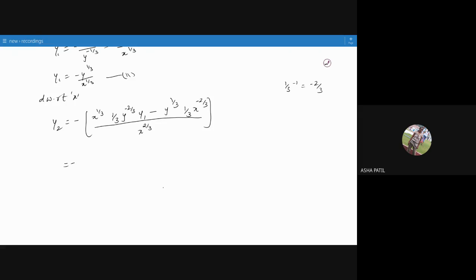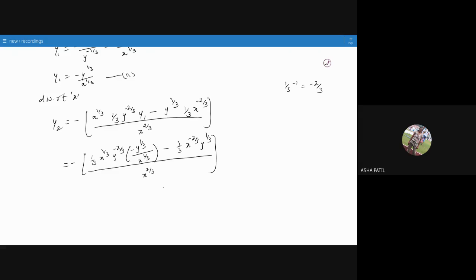Let us simplify the term, that is minus 1 by 3, x raised to 1 by 3, y raised to minus 2 by 3, into we have y1. y1 is minus y raised to 1 by 3 divided by x raised to 1 by 3, minus again, x raised to minus 2 by 3, y raised to 1 by 3, whole divided by x raised to 2 by 3.